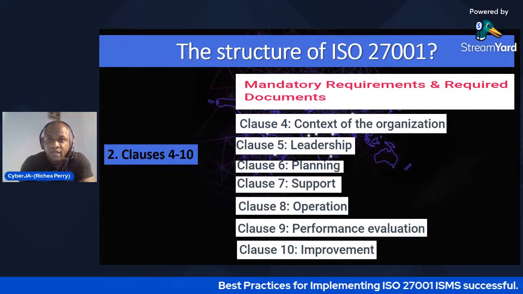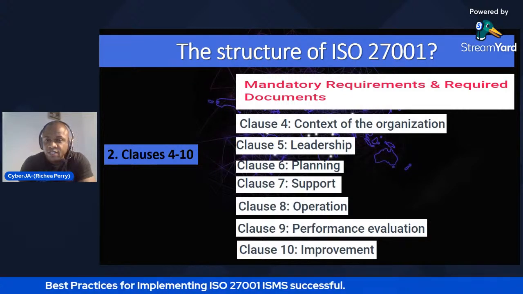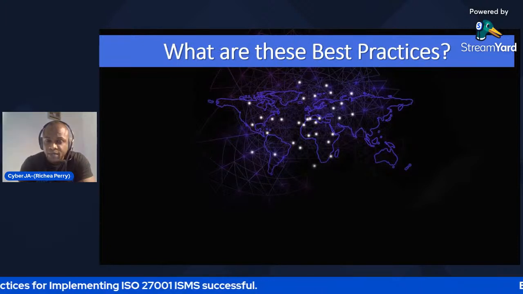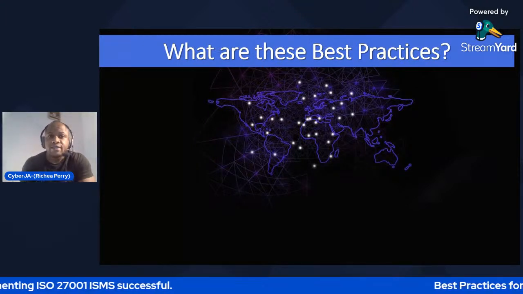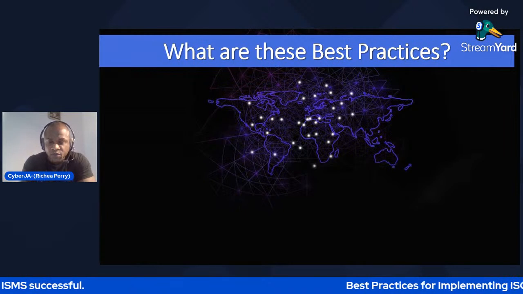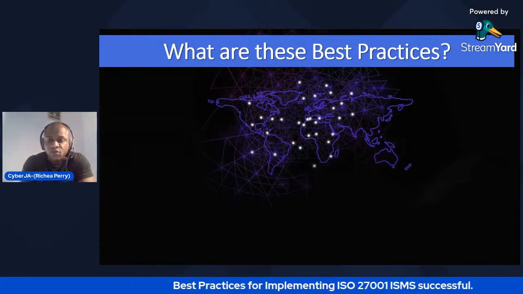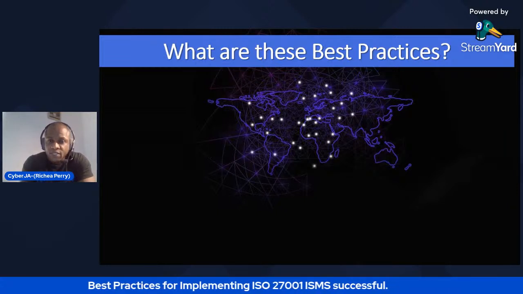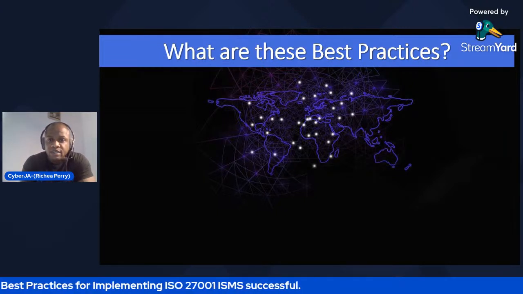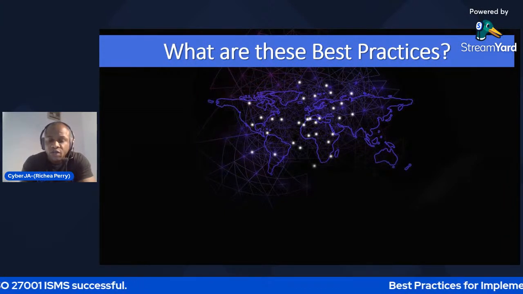And now let us look at the very important point of this presentation, the best practices that you as an ISO 27001 professional and implementer will use to guide you in your process of implementing this information security management system within your organization.